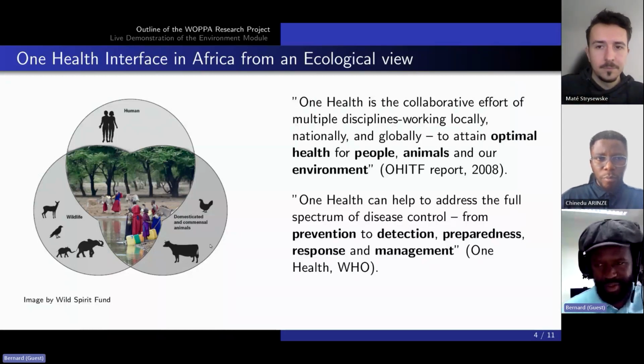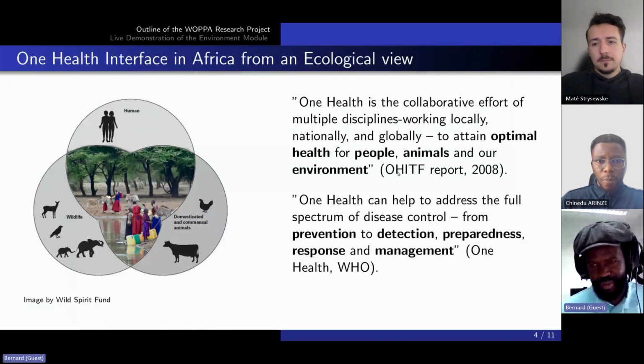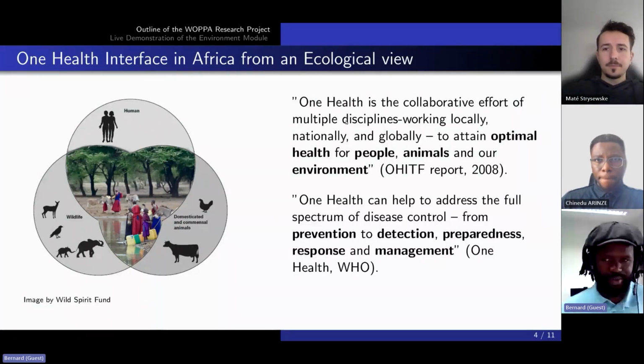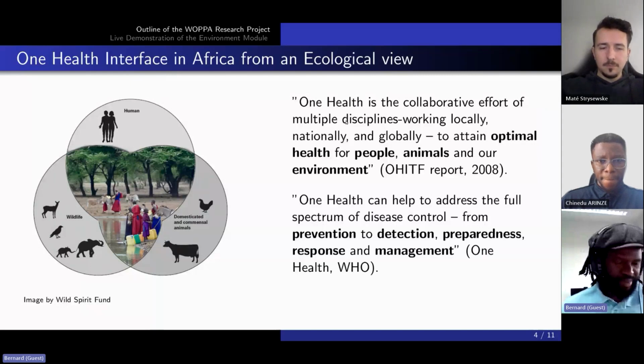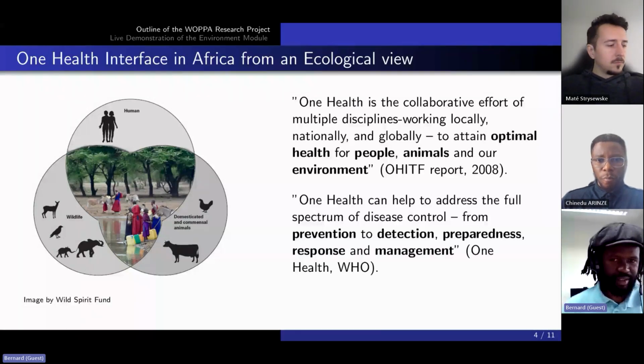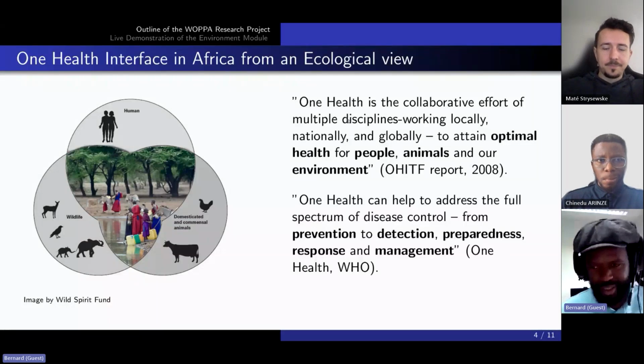And this is a definition from the OHITF report 2008. And they said to attain a better health, we must consider all these 3 components as the definition for One Health.